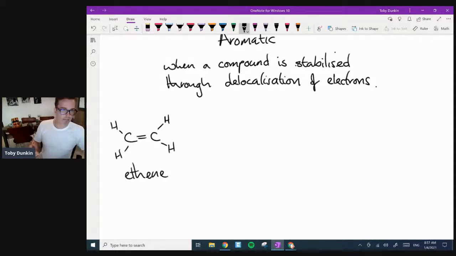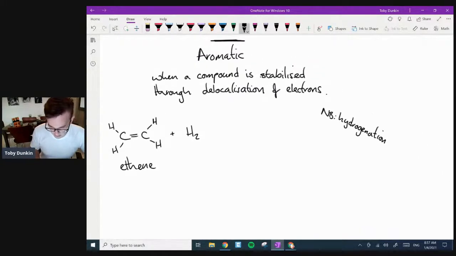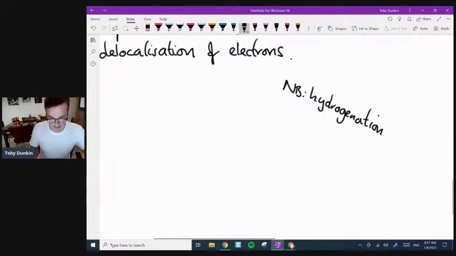One of the examples of this is you can add hydrogen gas. This process is called hydrogenation. You can make a note of that. Nota bene, hydrogenation, the adding of hydrogen. Just to tell you that this is a reduction reaction. We're going to revisit this later on.